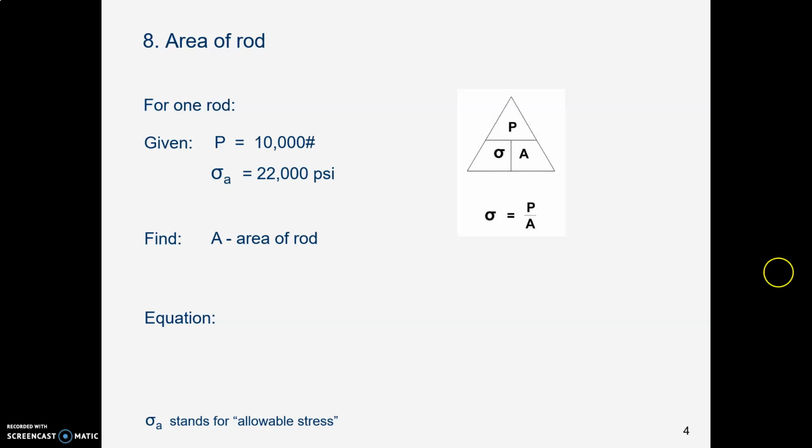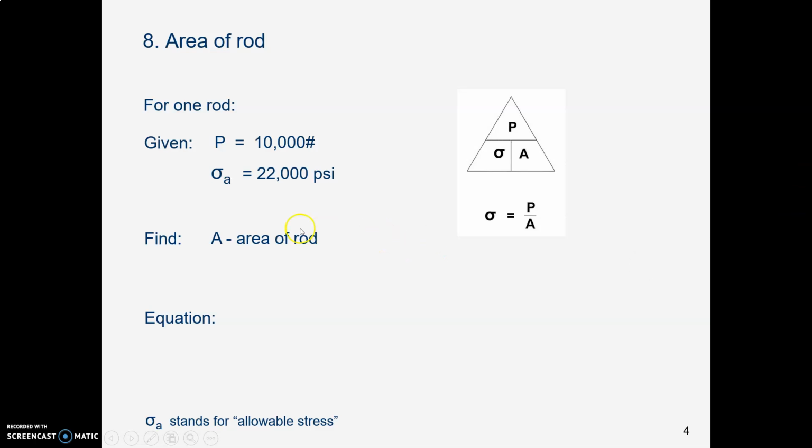Okay, so 10,000 pounds in one rod, and he tells us that the allowable stress in that steel rod is 22,000 psi. This is the way we write it. Stress with a little subscript A stands for allowable stress.